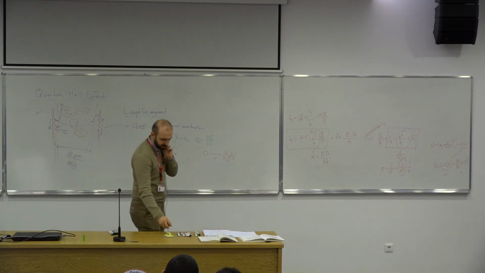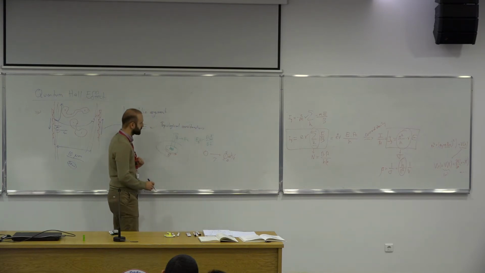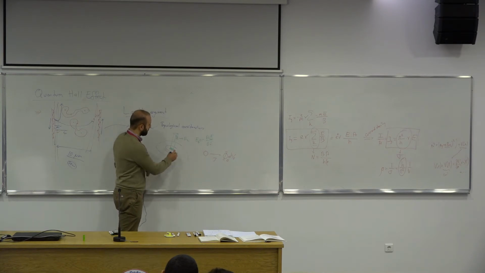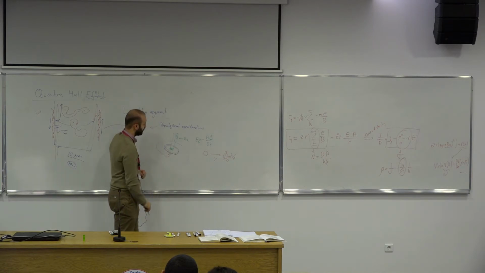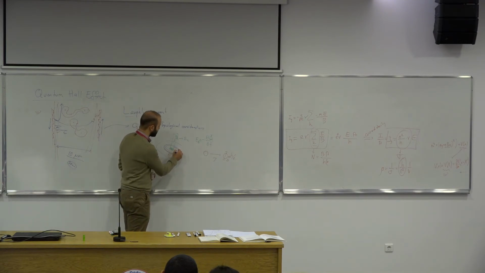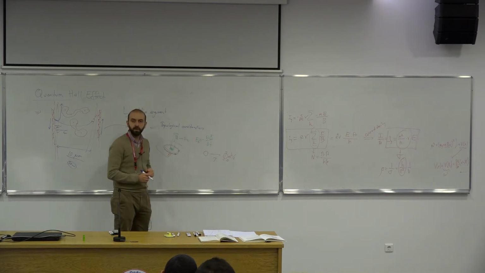Now, his argument follows as such. He says, under this condition, I have a certain population of electrons, assuming that I set them in such a way that they are traveling along this circular object.